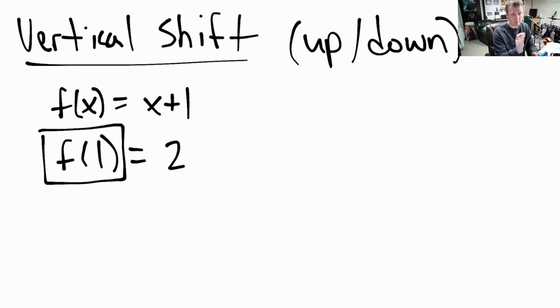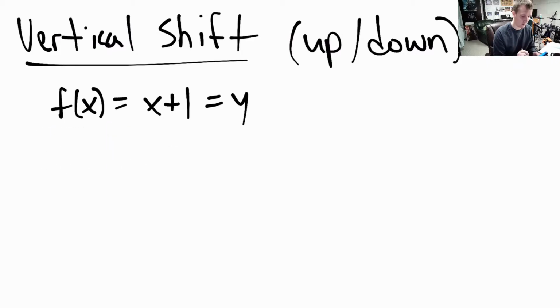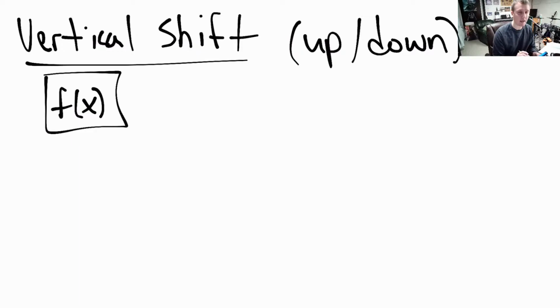So the function symbol with parentheses and the input, whether it's a variable or not, you could think of like a variable on its own. Oftentimes we use the variable y to represent that. But it doesn't matter what you label it as. What's important here is think of this whole f of x as an output. It's an output.